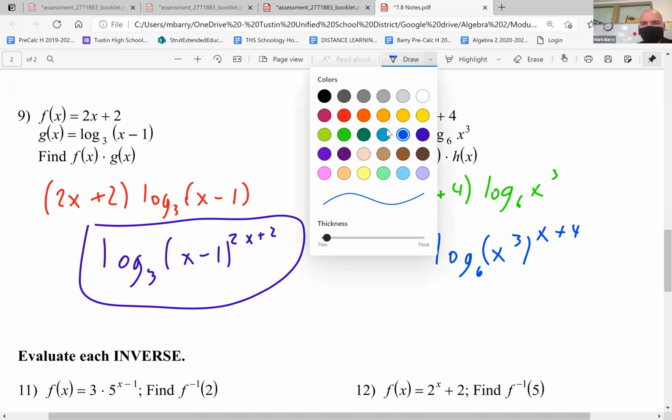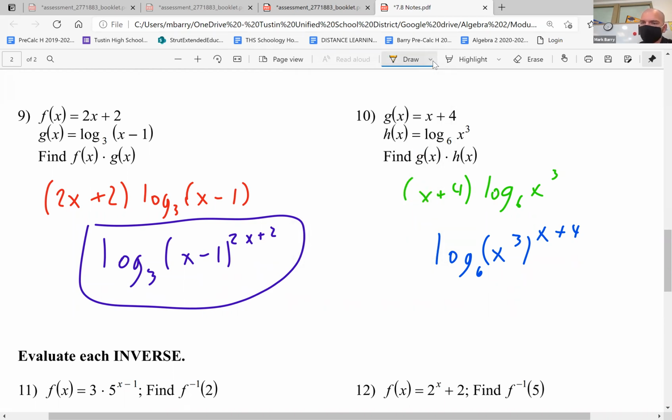But on this one, we're actually going to take it one more step further. Because when you have a base with two exponents like this, you can multiply those exponents together. So I'm going to say this is to the power of 3x plus 12.